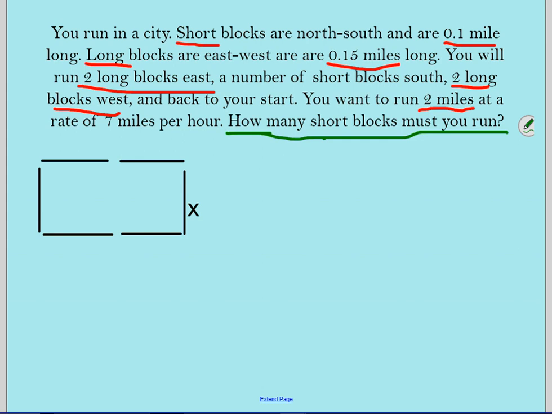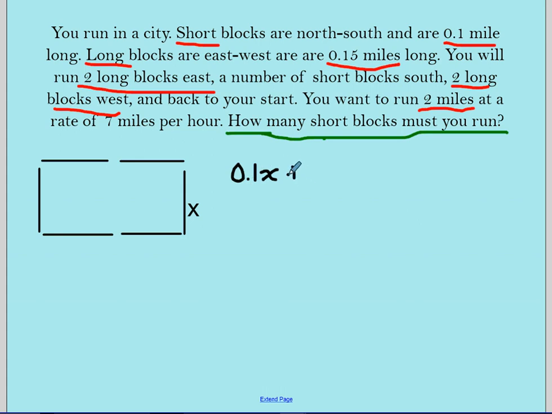So I am going to use this information, and I'm going to write out an equation. 0.1 are my short blocks. I don't know how many short blocks I'm going, so I'm going to make that x. I'm doing 0.1 times x because the length of the short blocks is multiplied by the number of blocks.